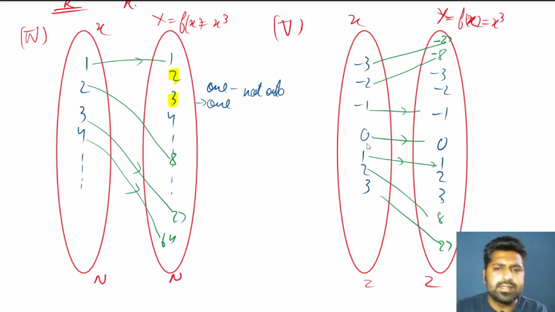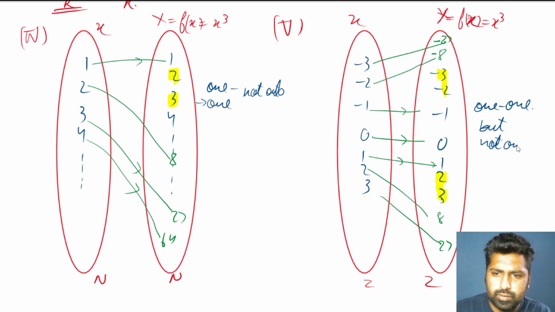So pretty much again the same thing, every single value of x has a unique y. So yes, this is one-one, but onto again you can see 2, 3 still missing, because again the cube root of 2, cube root of 3 are not integers.